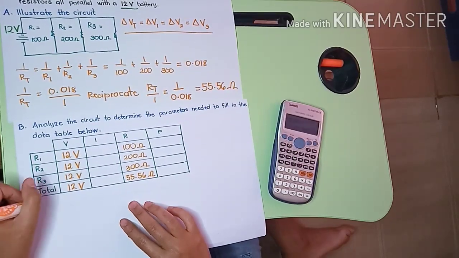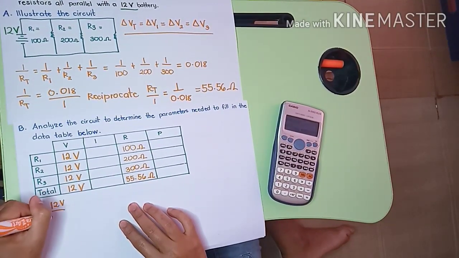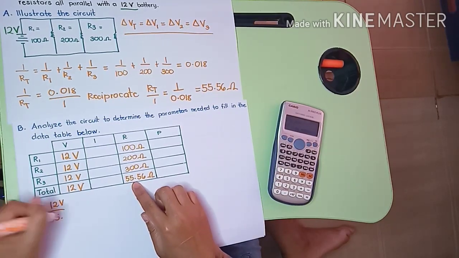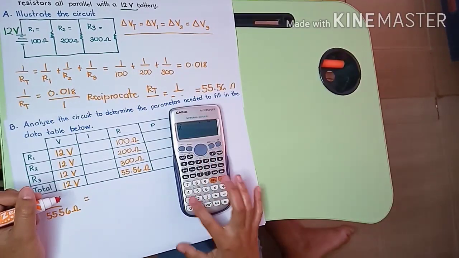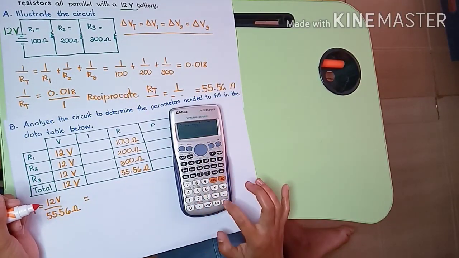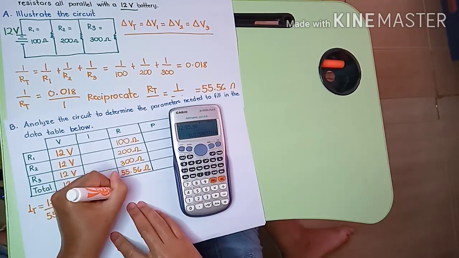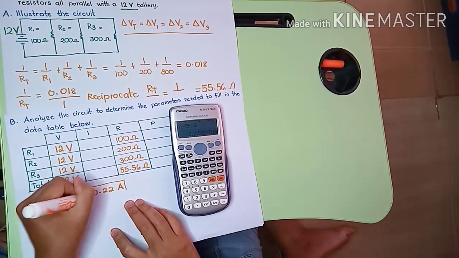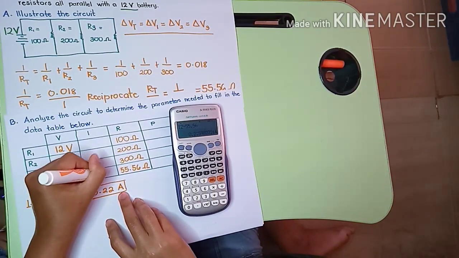Now that we have the voltage and resistance, we will find the total current. The formula is the total current is equal to 12 volts over the total resistance, which is 55.56. So the total of that is our total current, 0.22 amp.